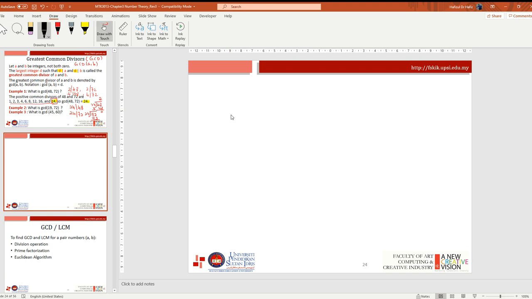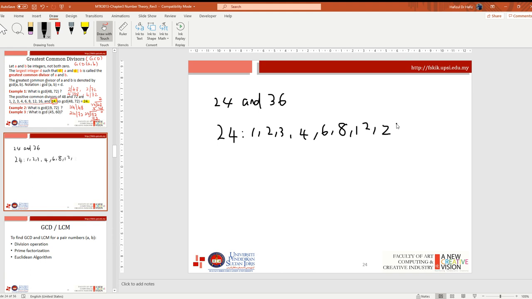Another example: we have GCD of 24 and 36. For 24, we have 1, 2, 3, 4, 6, 8, 12, and 24.